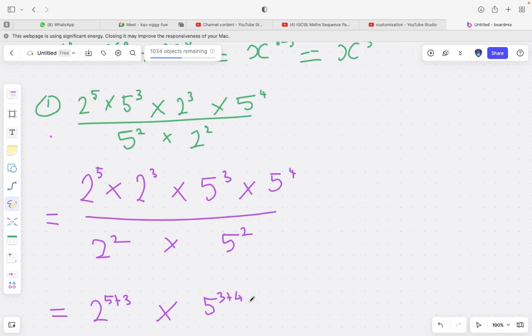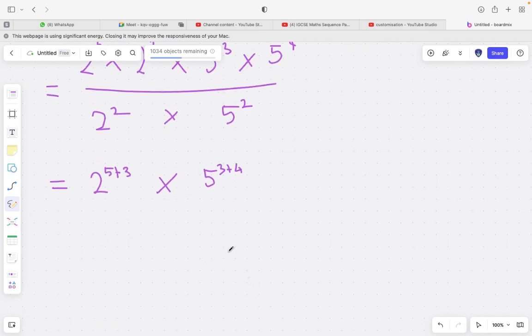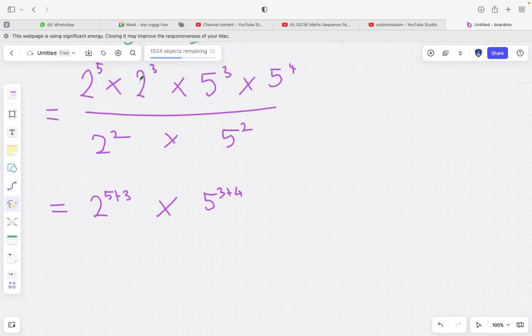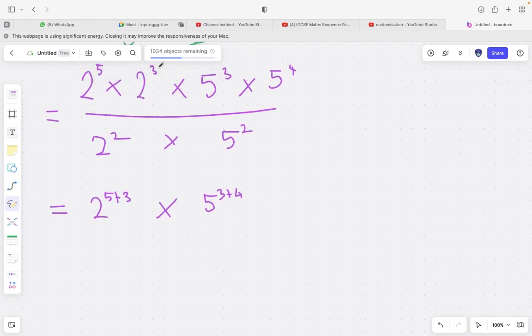Are you with me? Yes. Okay, so 2 to the power of 5 plus 3, then 5 to the power of 3 plus 4, all over 2 to the power of 2 and 5 to the power of 2.